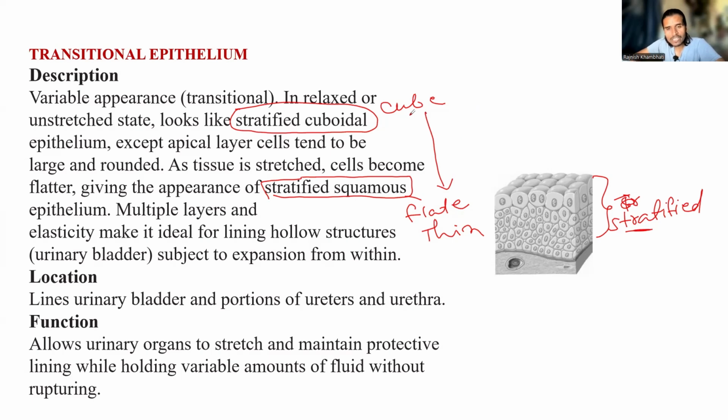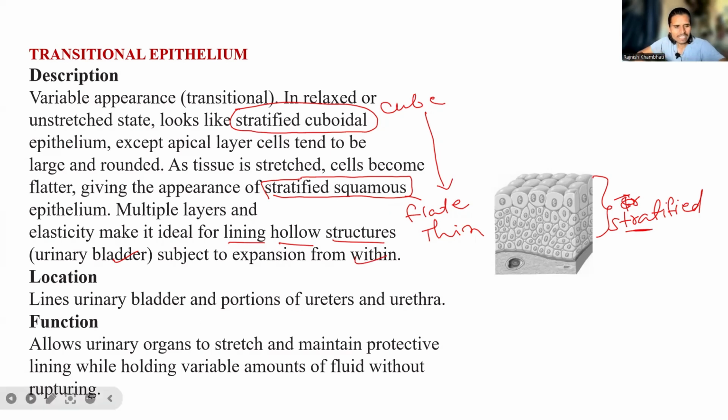Because initially they are cube shape, and when you stretch them, they appear like flat squamous epithelium, which is a transition state. Now, multiple layers and elasticity make it ideal for lining hollow structures like the urinary bladder, with expansion from within.